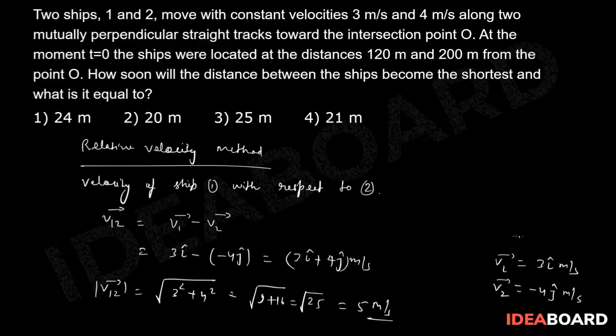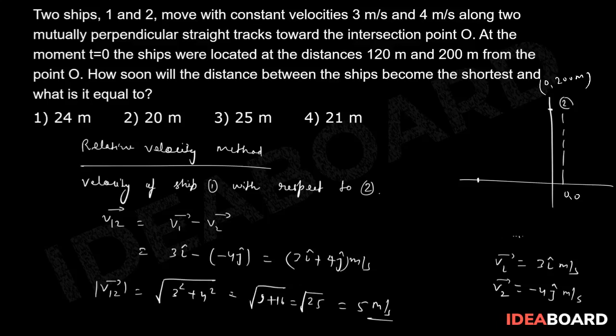Now we can draw the relative diagram. In the relative diagram, we can assume that ship number 2 is at the same position, and for ship 1 I can easily write the position coordinates. Ship 2 is at 0, 200 meter.